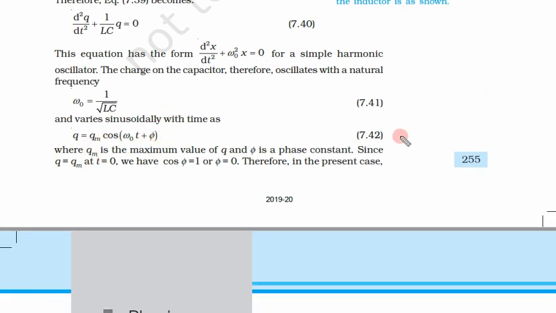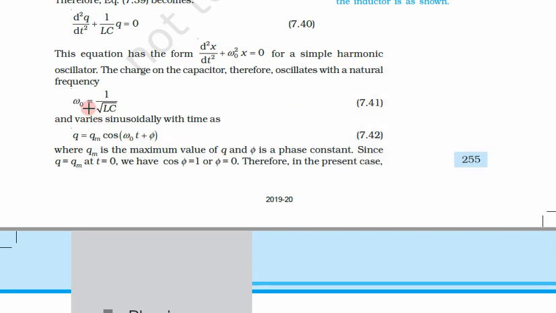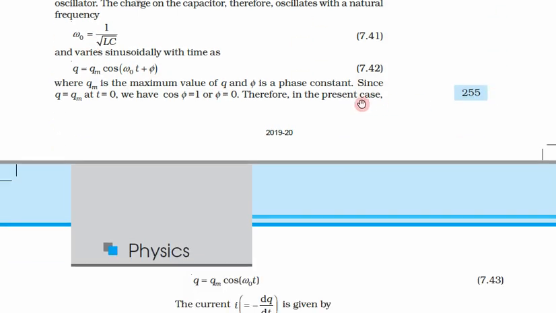So let us see how it was 0. Q is equal to Qm. Since t was already 0, the omega 0 t term goes to 0, and we have Qm cos phi. And for Q equal to Qm, cos phi must be equal to 1. That means phi must be equal to 0 for the initial conditions.